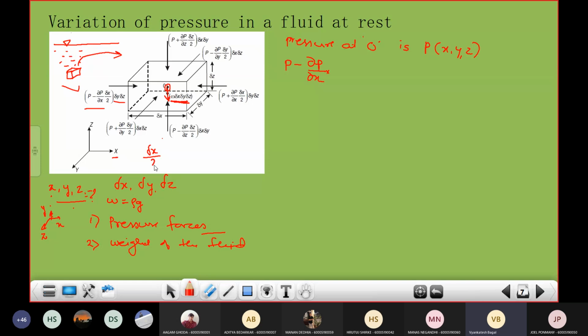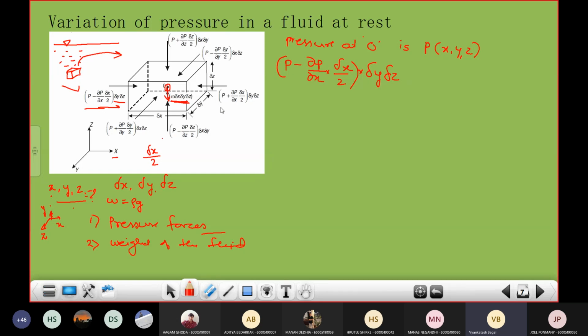So delta x by 2 is the distance through which this pressure P is changing along x direction. Now this is for the pressure term, multiplied by the area of the face, which is delta y delta z. This is how I am writing the left hand side term, pressure force acting on this face.